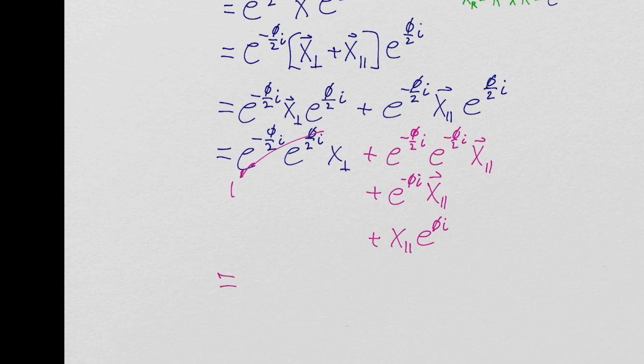So the answer is x perpendicular, which doesn't change because that's 1, plus x parallel e to the phi I. Now if we had started this whole analysis in 2 dimensions, we would have learned that a rotation of any vector in the 2-dimensional plane would immediately rotate in this fashion. We could study this from the beginning, and then we have to say, yeah, that's good, but the plane is too simple.